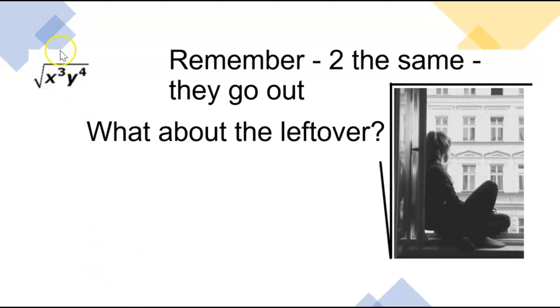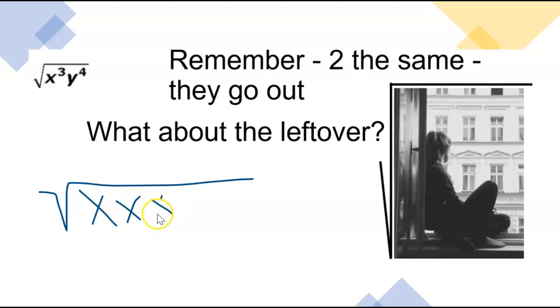What about the leftover? So here we have the square root of x cubed y to the fourth. That's the same thing as saying the square root of x times x times x times y times y times y times y.